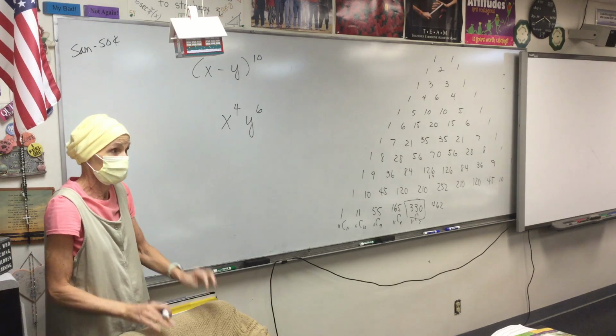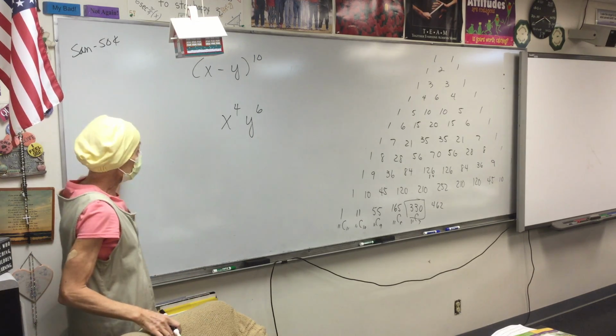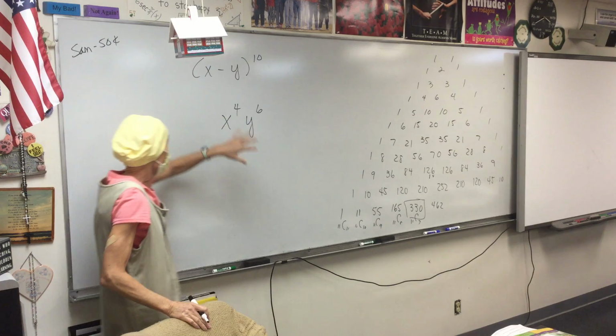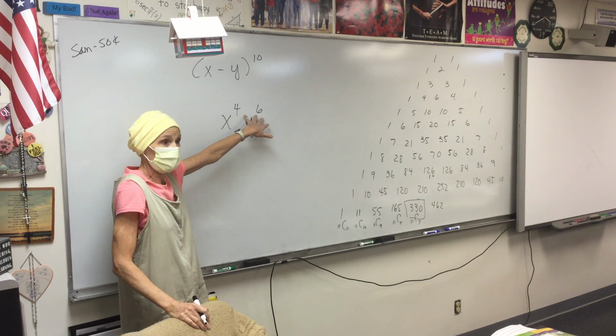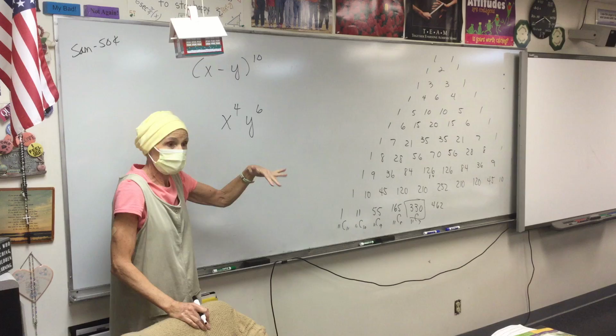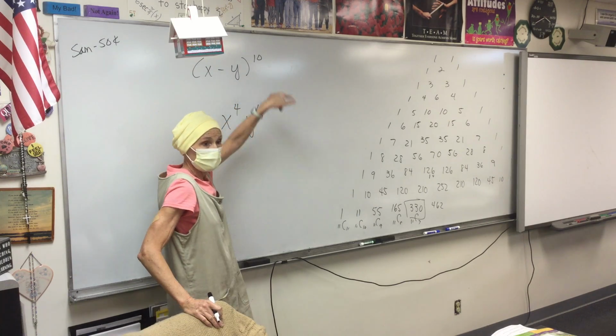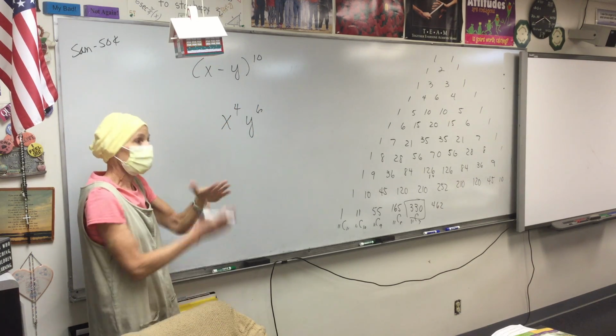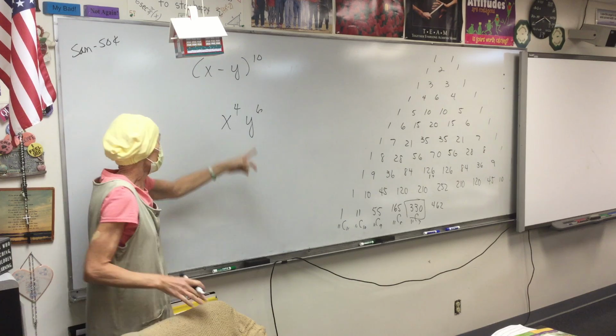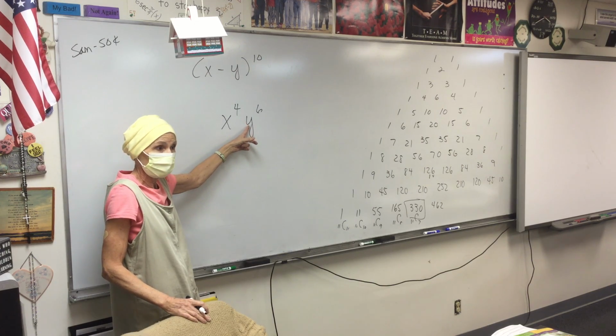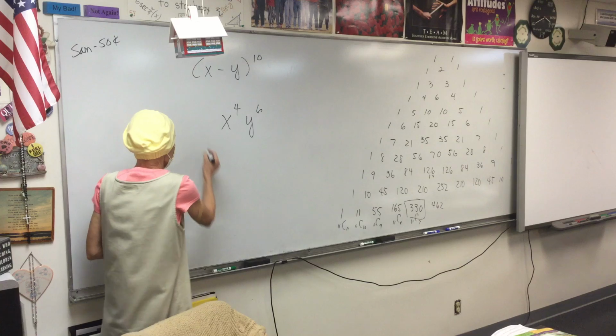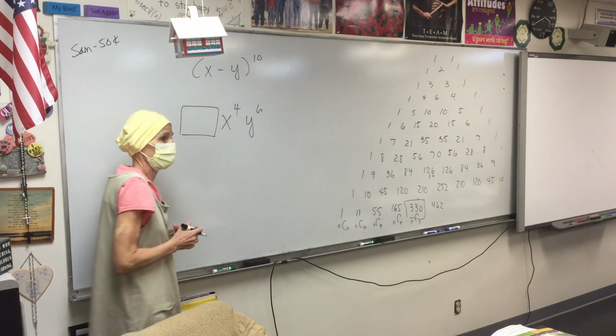Does that make sense to you? That in the list of terms, one of them would have those exponents. Absolutely, because they add up to 10. There would be lots of terms, but one of them would be this. Now the question is, what's the coefficient?